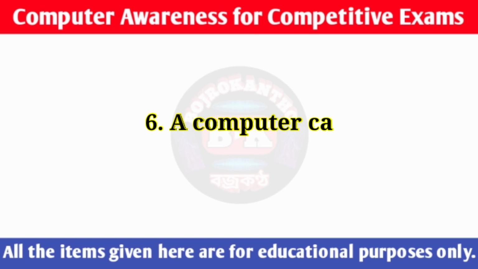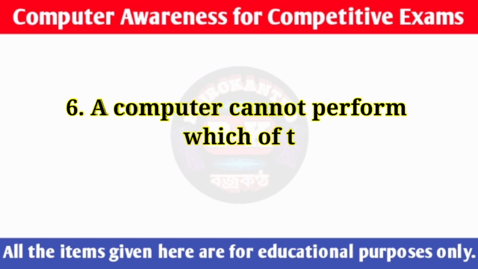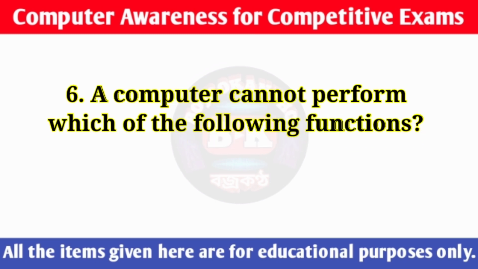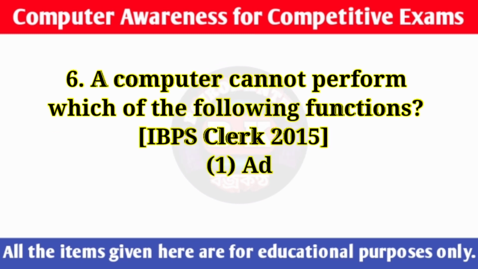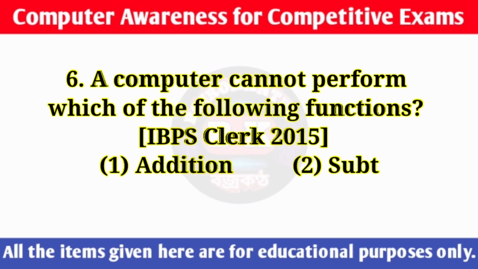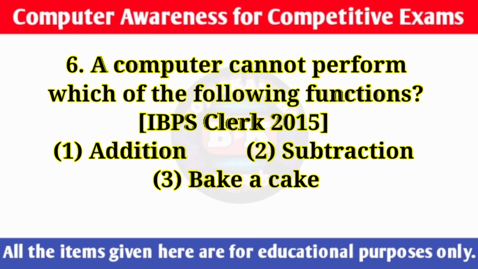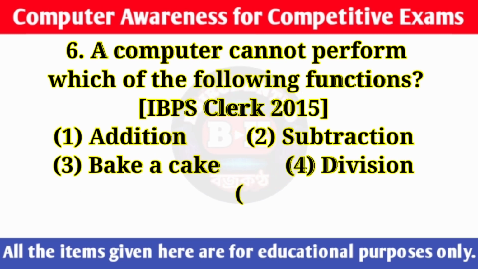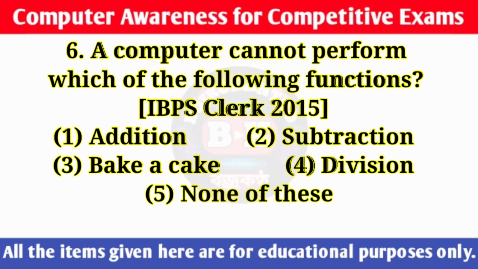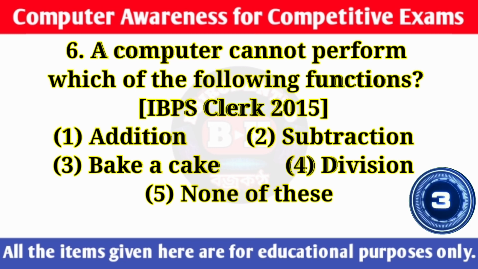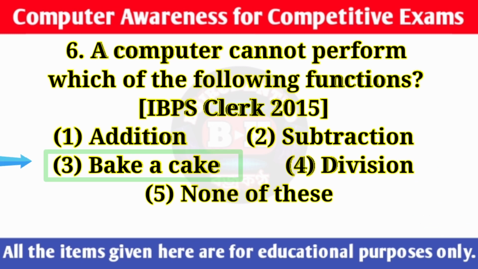Question number 6. A computer cannot perform which of the following functions? Option number 1 addition, option number 2 subtraction, option number 3 back and calc, option number 4 division and option number 5 none of these. The correct answer is option number 3 back and calc.